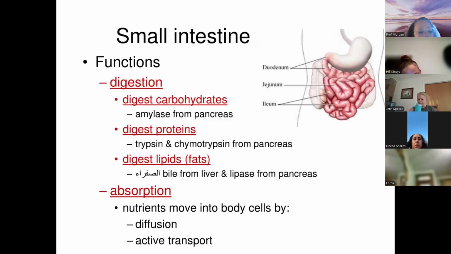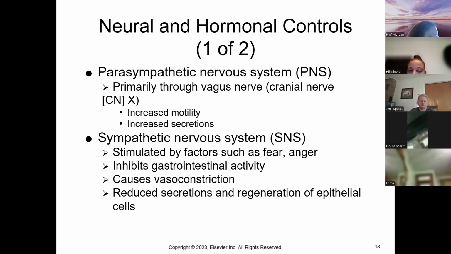The small intestines, again, this is where digestion and absorption is going to occur. Stimulation of the parasympathetic nervous system through the vagus nerve, cranial nerve 10, causes an increase in motility and an increase in secretions in the digestive system.